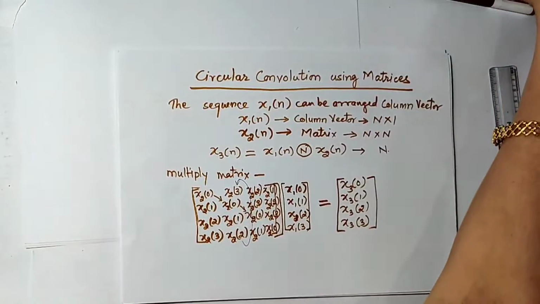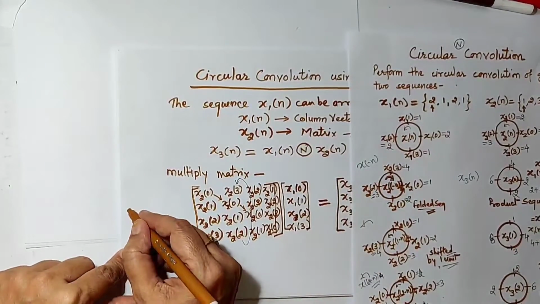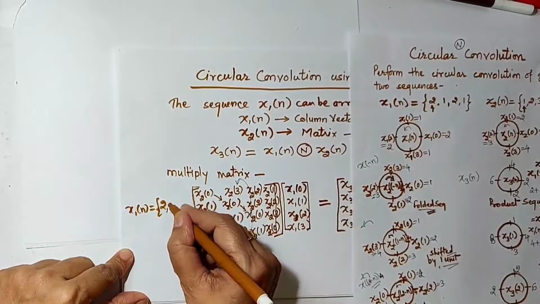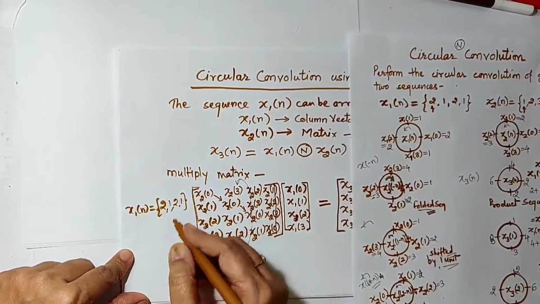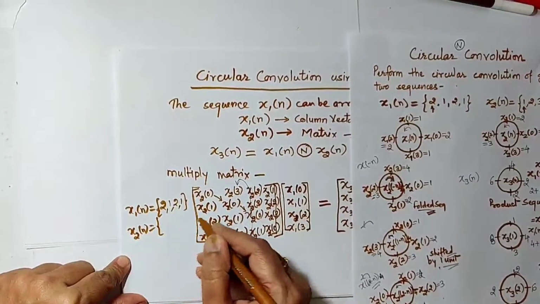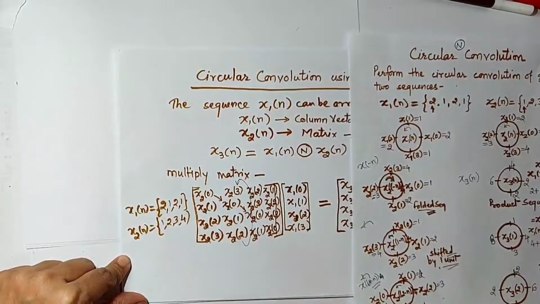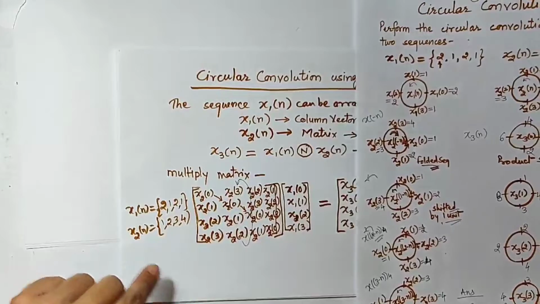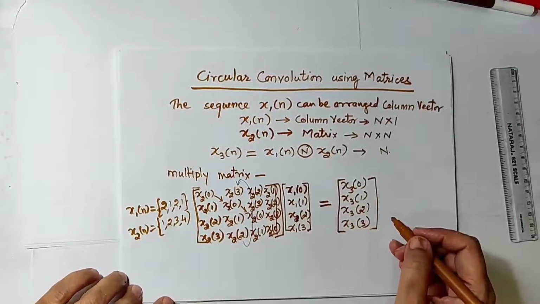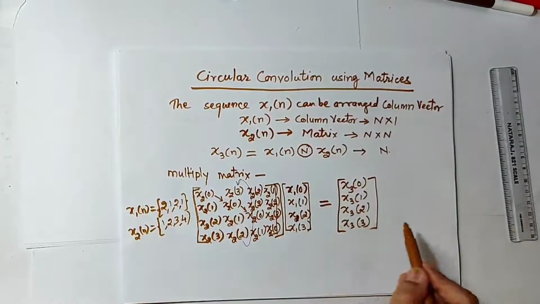With the previous example, the values given were x1(n) is 2 1 2 1 and x2(n) is 1 2 3 4, and its answer we know is 14 16. So we'll write that here.